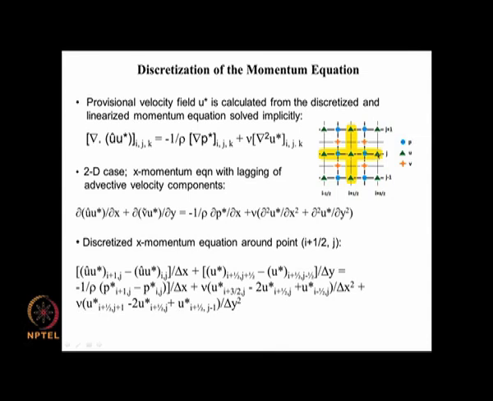So, the average of u at I plus half and u at I plus 3 by 2 is taken to be this value u star here, and now we have this one.